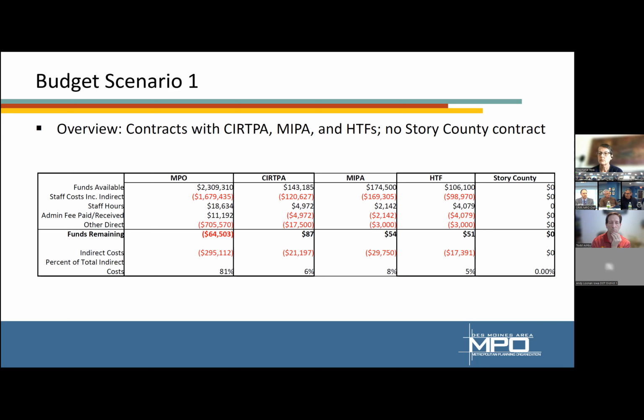If you're telling me in one scenario you can do MPO business for fewer hours with MIPA, Housing Trust Fund, and Story County, you can do all the MPO stuff still at 17,859 hours, and you're taking on all this other stuff. But then we back out all this other stuff, and you're telling me now you're going to do 18,718 hours. Well, you have less stuff to do. Doesn't make sense.